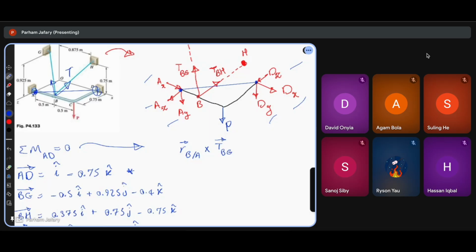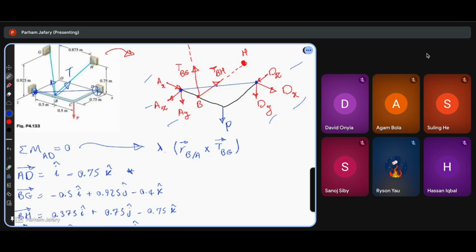Okay? This will give you the moment around point A, and then a dot product with the unit vector of line AD will give you the moment around line AD.